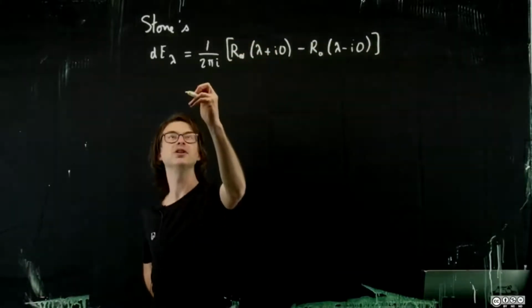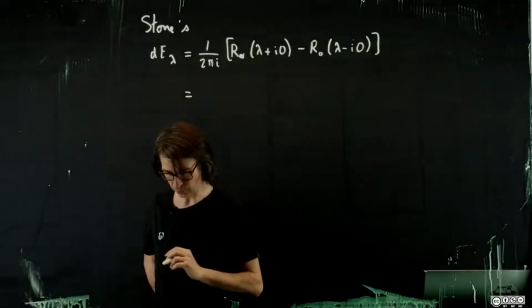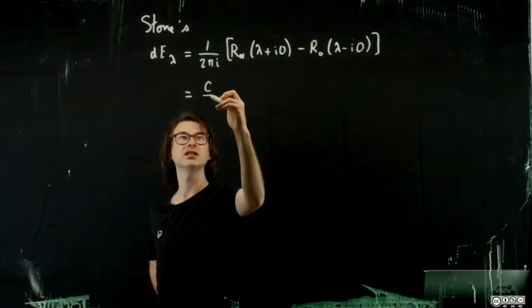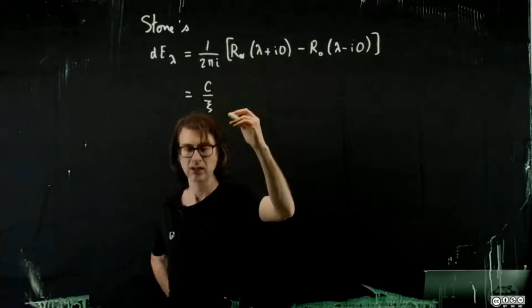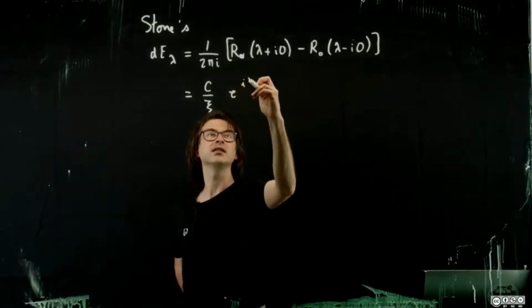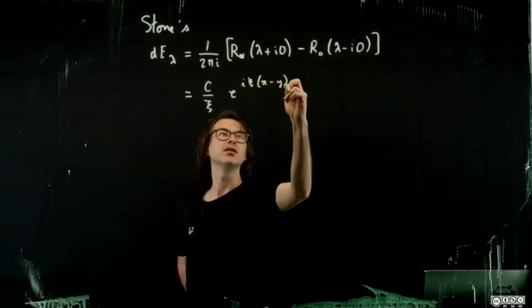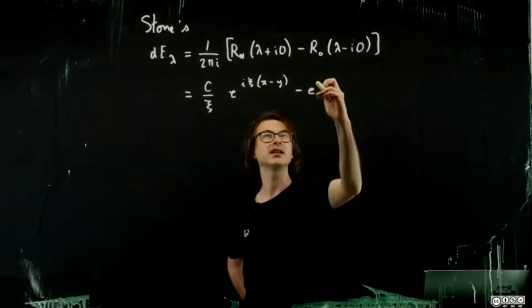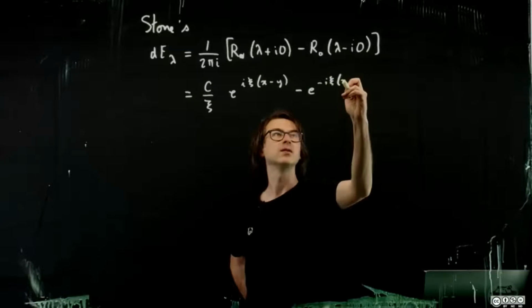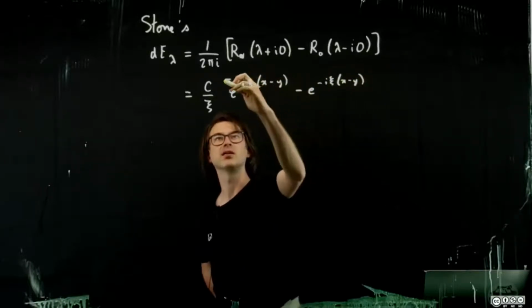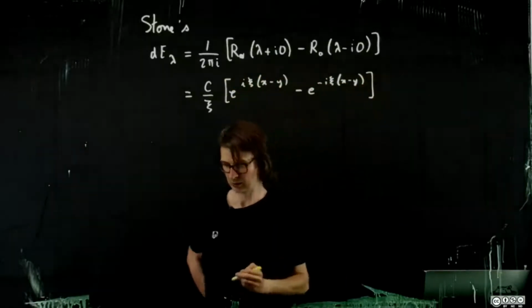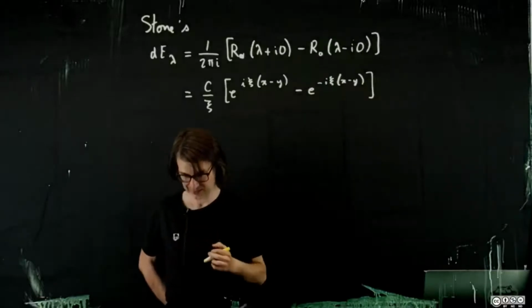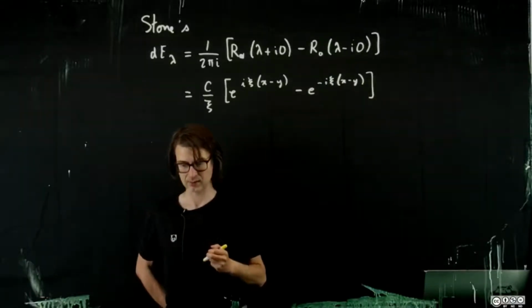Which, if you use the formulas that we just wrote, gives C over Xc, e to the I Xc x minus y, minus e to the minus ixc x minus y, d lambda.